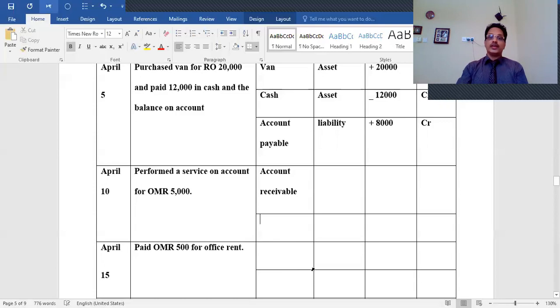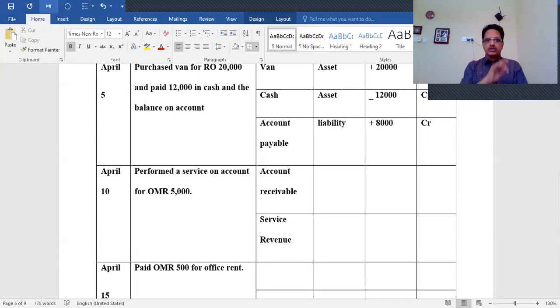And the other account is not cash, it is revenue. Revenue means service revenue here, so you can write revenue. There are two revenues: sales revenue and service revenue. Here it is service revenue. If you want, you can write it clearly, because if you want to distinguish, service revenue is separate.